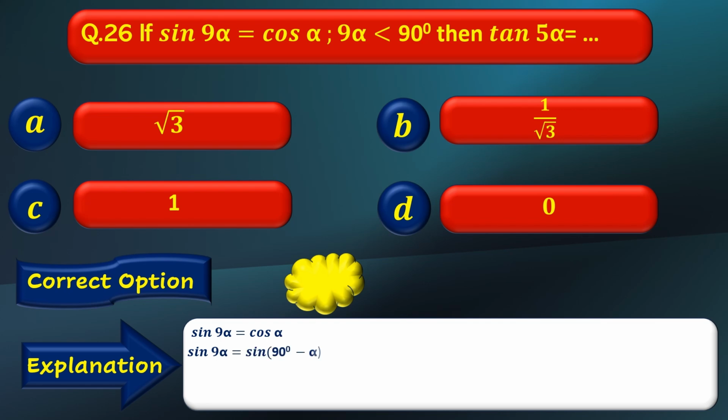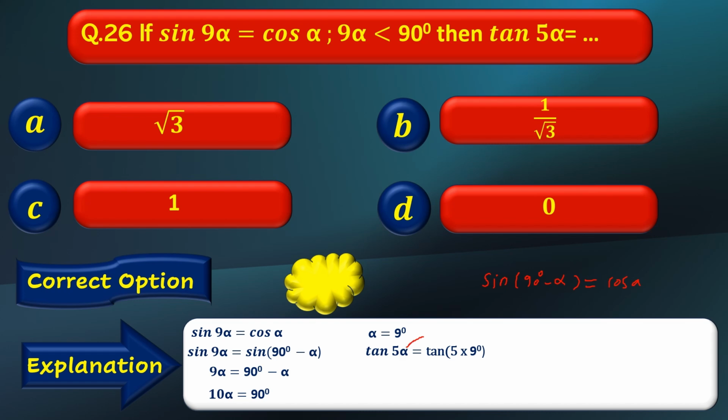Now we can write cos alpha is equal to sine 90 minus alpha, because sine of 90 degrees minus alpha by conversion rule is equal to cos alpha. And it gives 9 alpha is equal to 90 degrees minus alpha, and it gives 10 alpha is equal to 90 degrees, which ultimately gives alpha is equal to 9 degrees. Therefore, tangent 5 alpha will be equal to tangent 5 into 9 degrees.